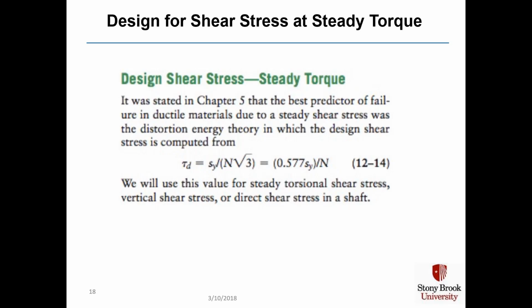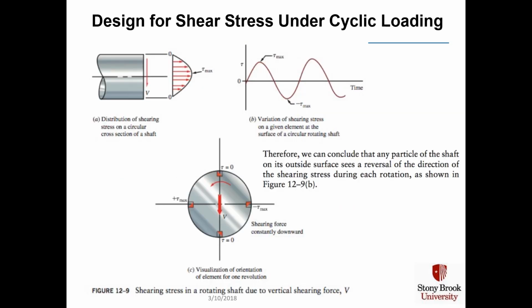And we're going to use this equation when we figure out what the minimum shaft diameter should be in the case of direct shear stress in a shaft. That would be a case where there's a constant shear stress, but there's no variance in the torsion, and no variance as a function of time in the bending moments. Usually that only occurs on the ends of shafts and for fairly short sections.